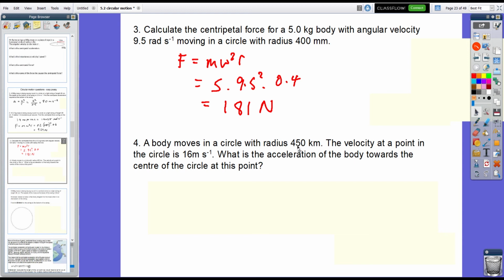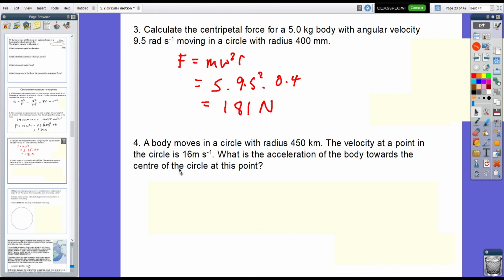Very good. A body moves in a circle with a radius of 450 kilometers. Just be careful, that's 10 to the 3 here, isn't it? So it's 4.5 times 10 to the 5 meters. The velocity at a point in the circle is 16 meters per second. What is the acceleration of the body towards the center of the circle? No mass is required here because we're not calculating force, just the acceleration.